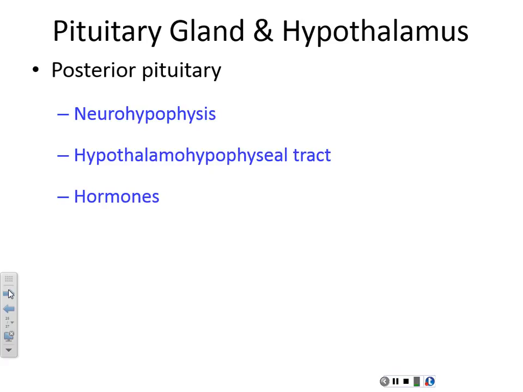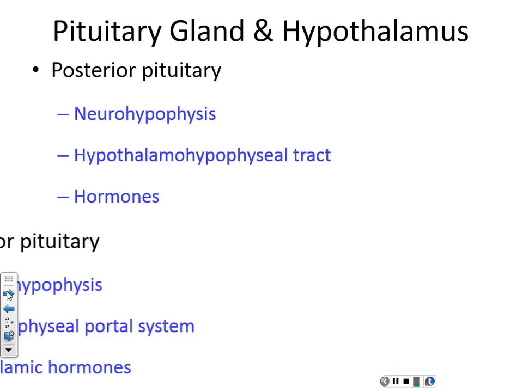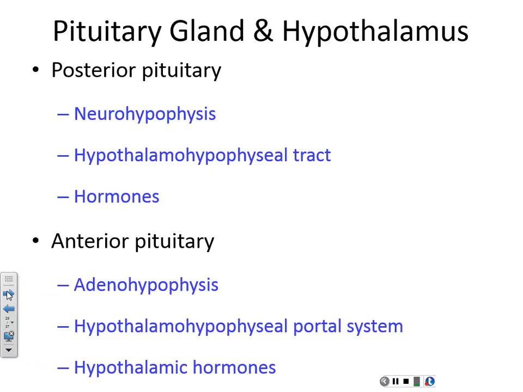And then we said the posterior pituitary and the anterior pituitary are controlled by the hypothalamus, right? The posterior pituitary is controlled by action potential, so it's the neurohypophysis. And the anterior pituitary on the front is stimulated by hormones, the adenohypophysis. Therefore, the posterior pituitary has the tracts, which are the axons.